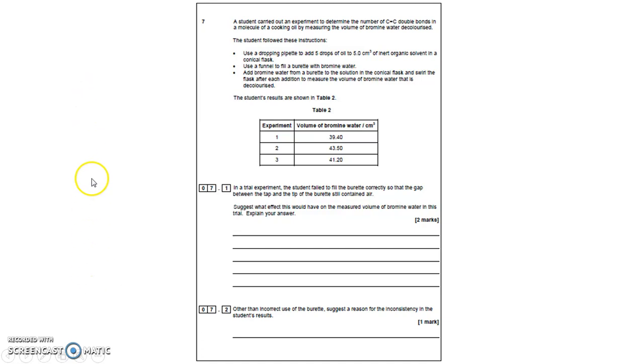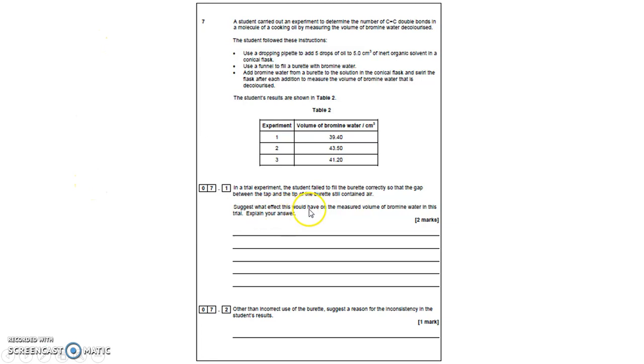So if we think we've delivered, let's say, 10 centimetres cubed of bromine water from the burette, because the volume's gone down by 10, we've actually not. We've only delivered 7 out of the burette, because the first 3 centimetres cubed went to fill the air gap. So we've only delivered 7, but it seems on the burette as if we'd delivered 10.